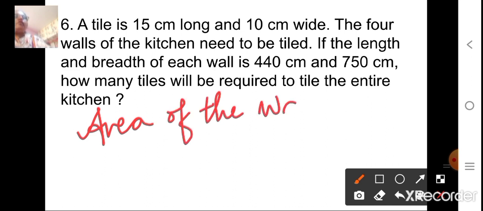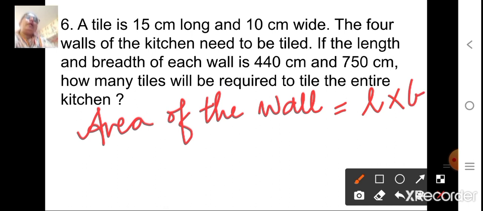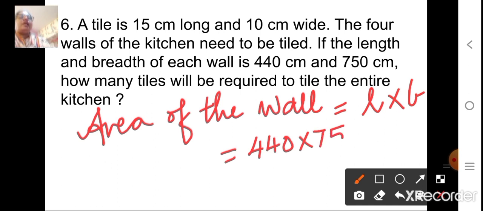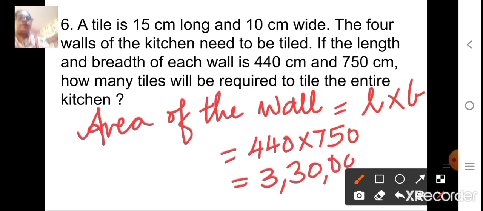Now to find the area of the wall, again that is length into breadth, that is equal to 440 into 750, that is equal to 3,30,000 square centimeter. Now we have found the area of the wall as well as the area of each tile.